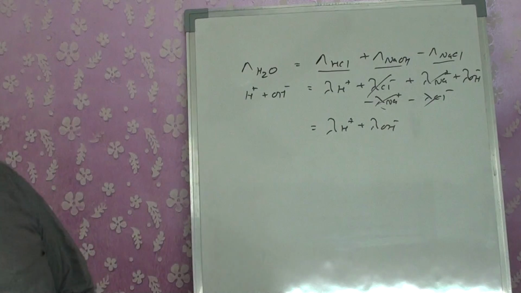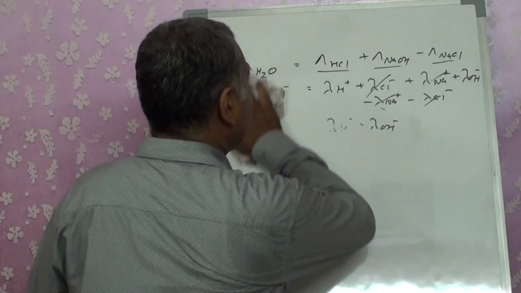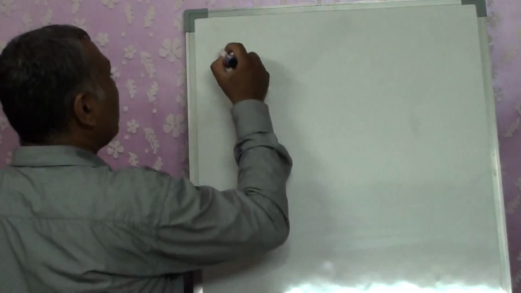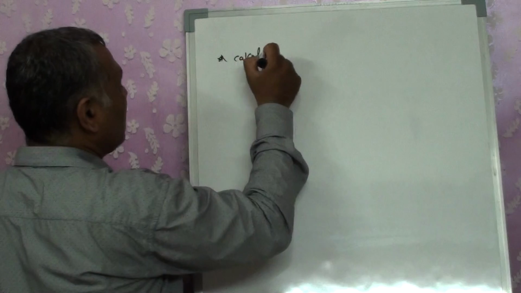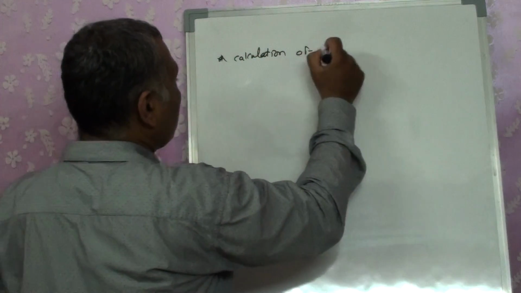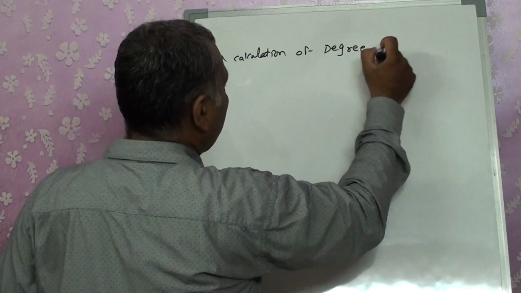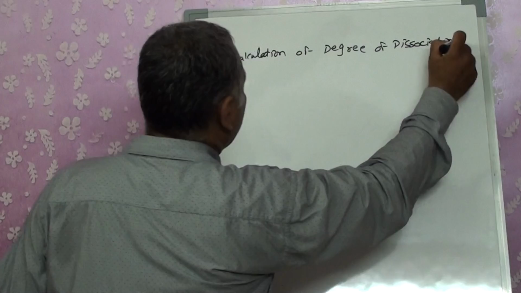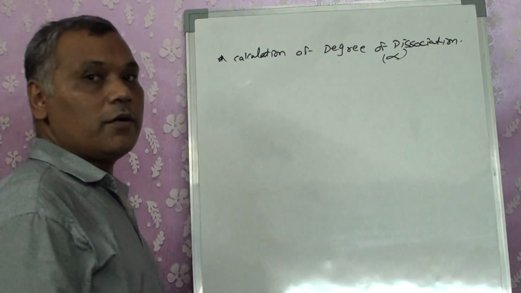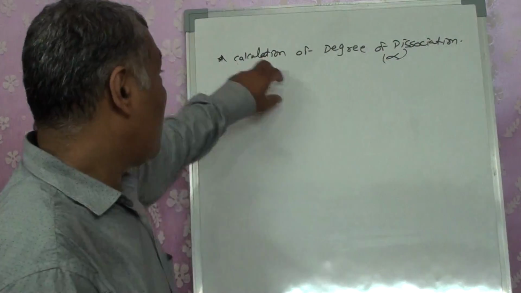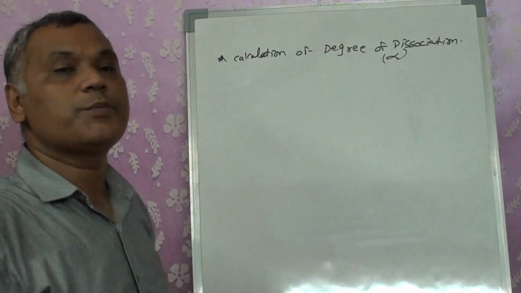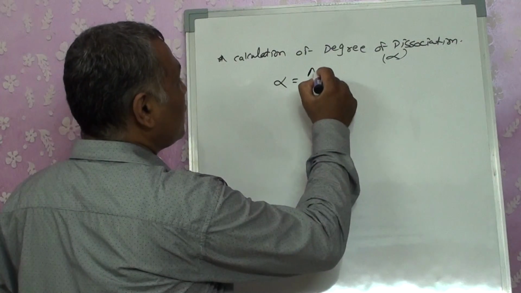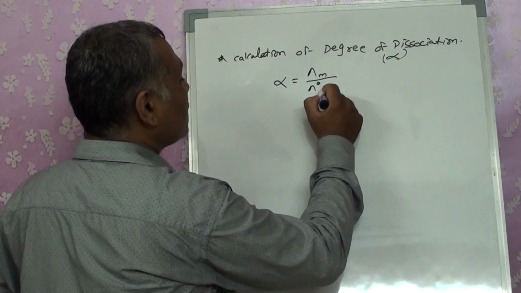Okay, at the same time, because these are weak electrolytes, the dissociation does not take place completely. So how to calculate the degree of dissociation, that is alpha? What is the formula that we have? If I want to calculate how much amount of the ions has been dissociated, then the degree of dissociation is equal to molar conductivity upon standard molar conductivity.